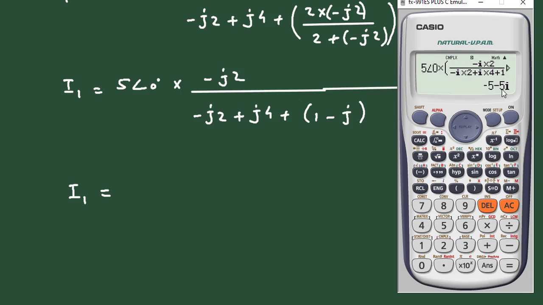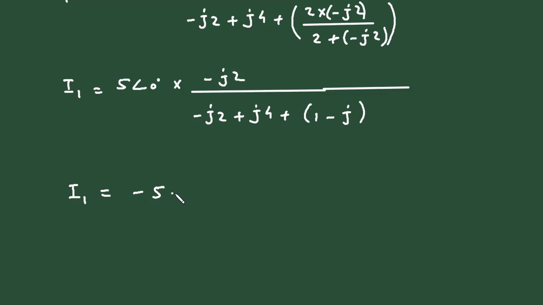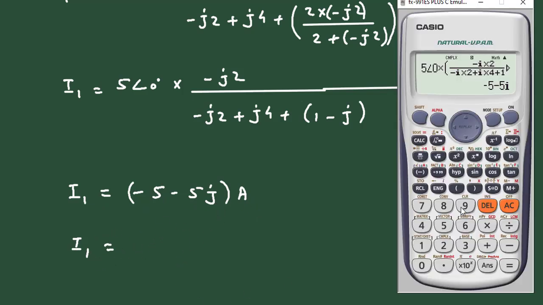So, it is equal to minus 5 minus 5J, and since it is current, its unit will be ampere. Or we can convert this into its equivalent polar form.